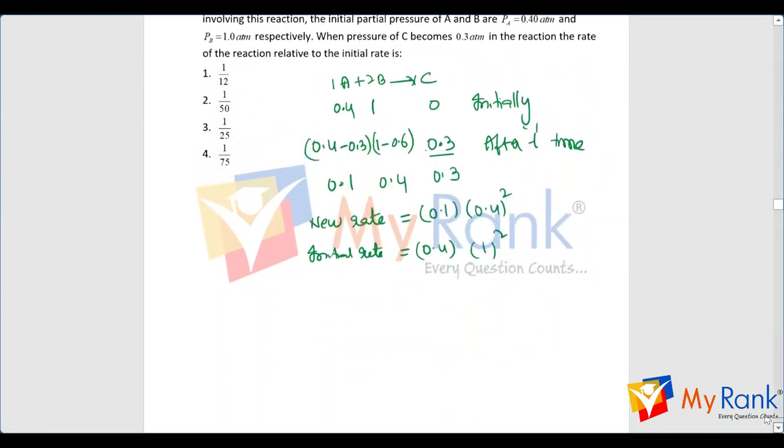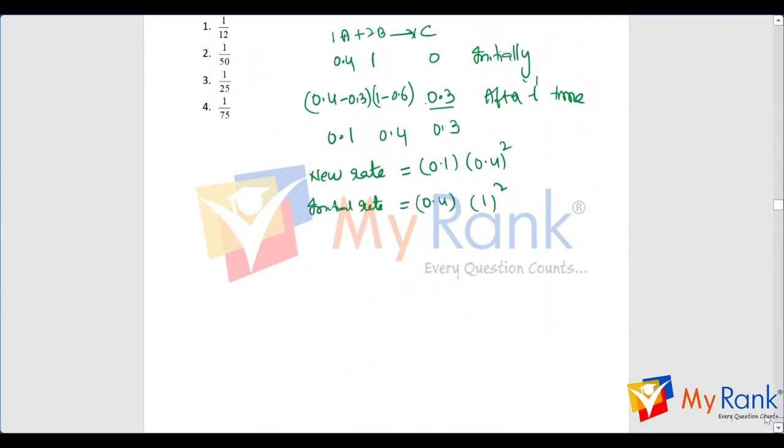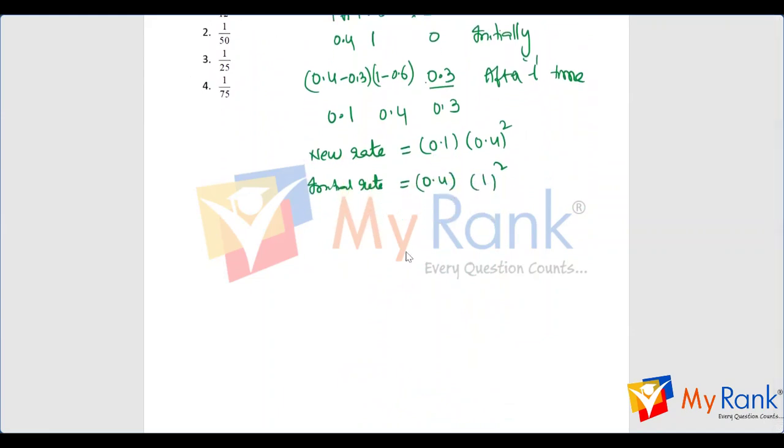Therefore, the new rate to initial rate is 0.1 into 0.16 divided by 0.4 into 1. So 1 by 4 by 100, which is equal to 1 by 25.